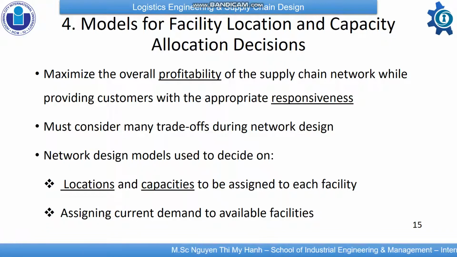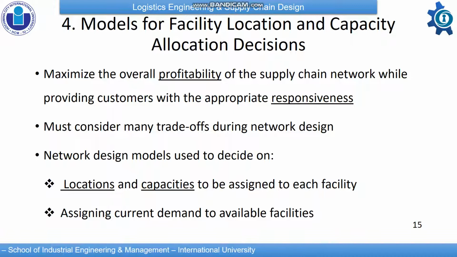When you make decisions, you have to consider many trade-offs during the network design. I also mentioned a lot of trade-offs earlier.